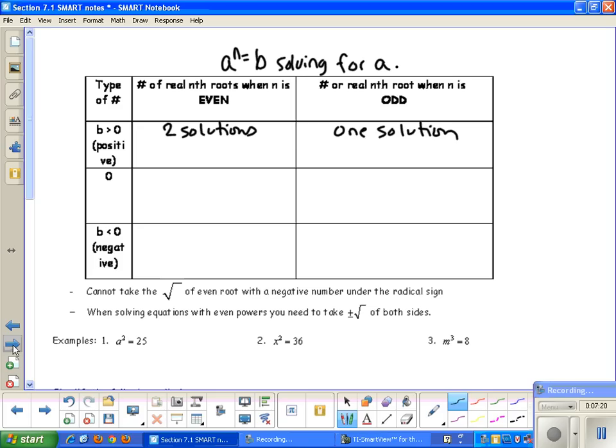And this is already written on your page. If b is 0, you're going to have one solution. If b is less than 0, then you have no solutions if it's an even index. And this would be one solution if odd, because we're allowed to have negatives underneath the radical.